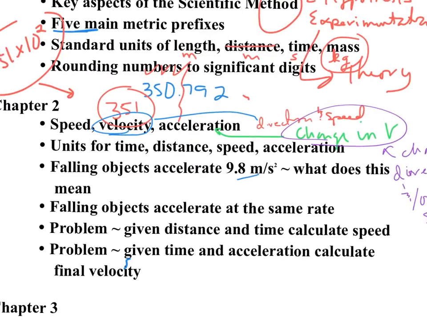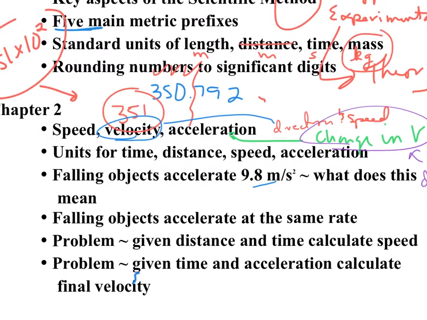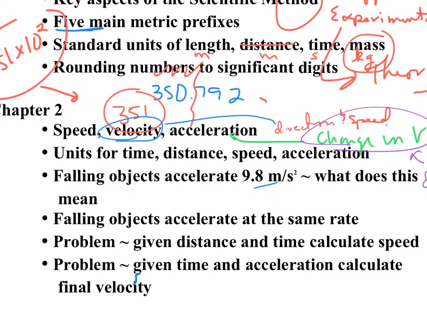So units for time are seconds, probably, right? You guys, I'm not going to have you do any conversions. Remember, we kind of fought that silly battle when we first started. So in the metric system, we said distance or length is meters. So that's what your distances are going to be.